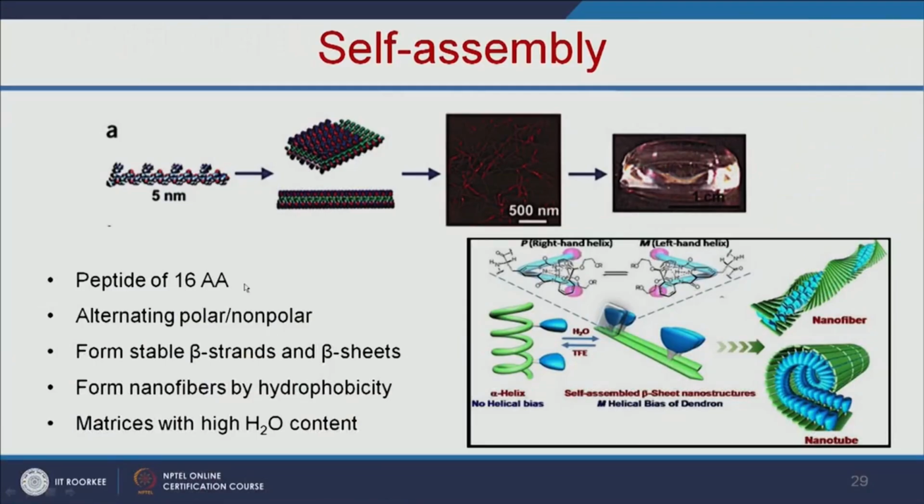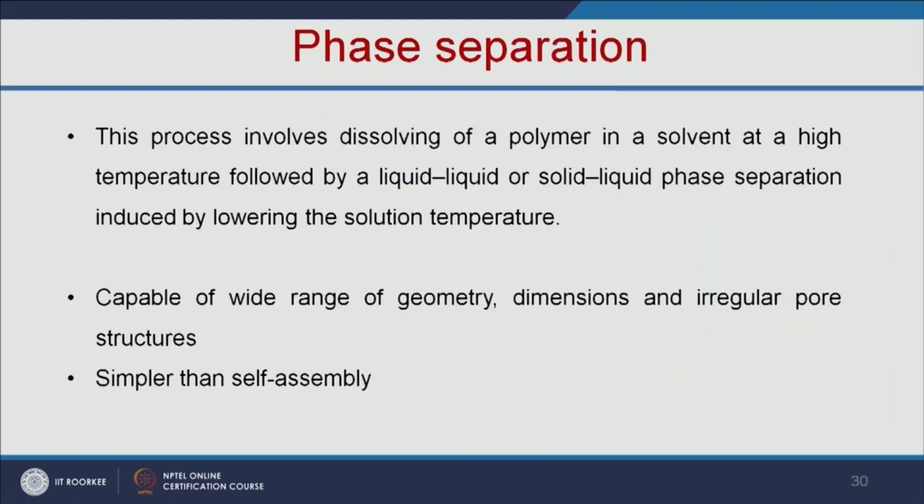When you use a peptide of 16 amino acids or more with alternating polar and non-polar residues, it forms stable beta strands and beta sheets and forms nanofibers with good hydrophobicity and hydrophilicity. So using self assembly we can make a three-dimensional nanofibrous scaffold.